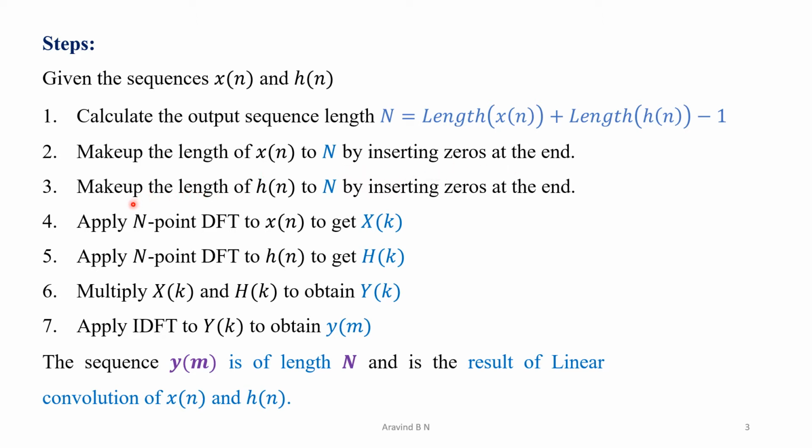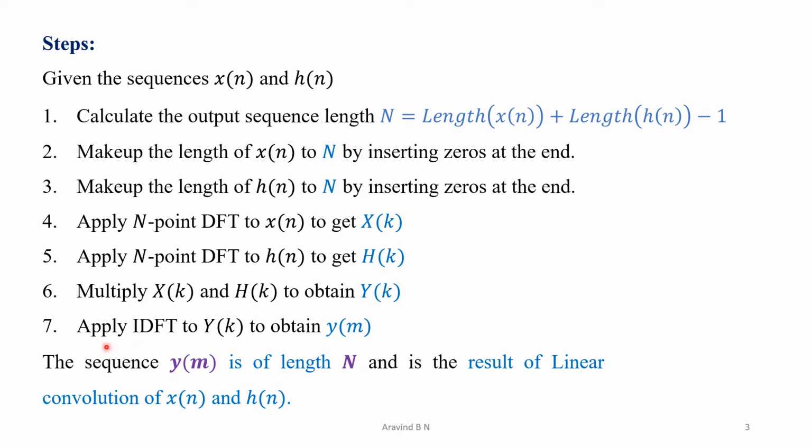Step 3. Make up the length of h of n to N by inserting zeros at the end. And step 4. Apply N point DFT to x of n to get x of k. Step 5. Apply N point DFT to h of n to get h of k. Step 6. Multiply x of k and h of k to obtain y of k.